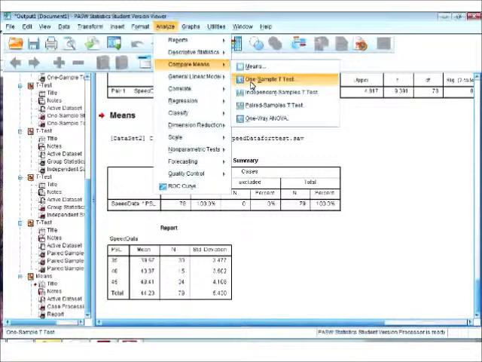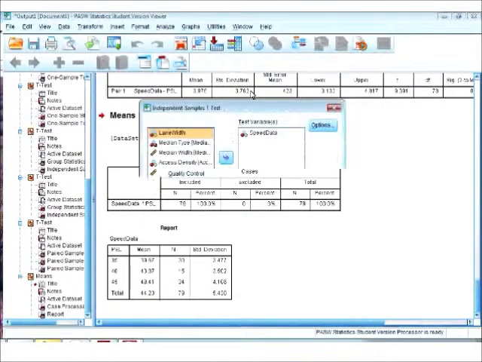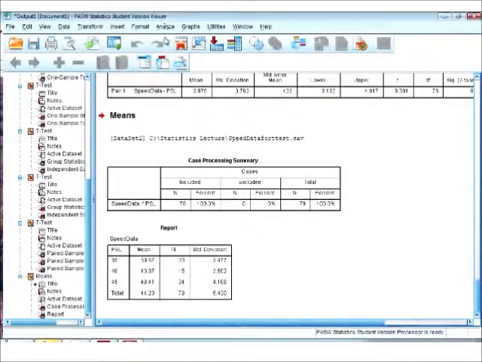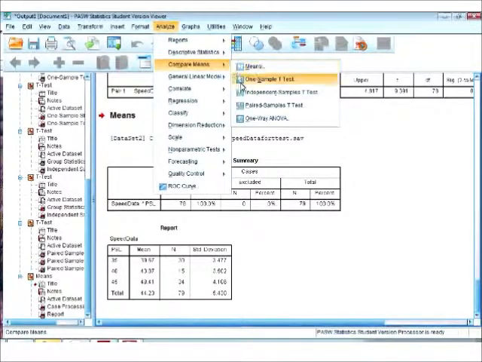We can conduct a one sample t-test when we have just one variable and we have a certain claim and we want to see whether that claim is correct or not. Independent sample t-test is the one which we do when we want to compare. So the variable remains the same, meaning we want to compare the means for the same variable, however, for different categories.